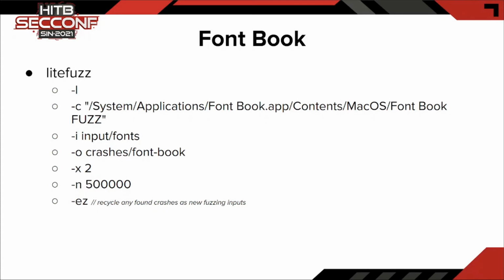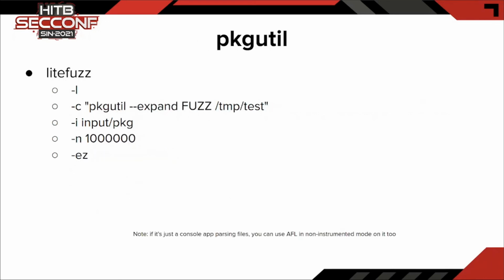And then fuzzing package util, it's a CLI, so you don't need a max timeout for it. It just stops on its own after it exits on its own. With console apps and stuff like that, you can also use AFL in non-instrumented mode on it too.